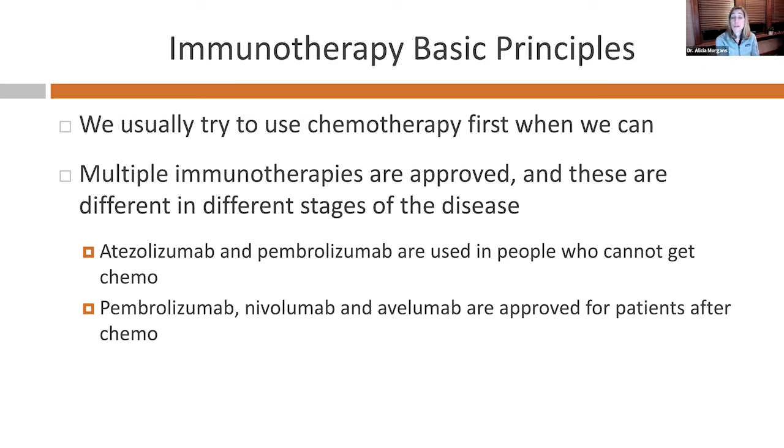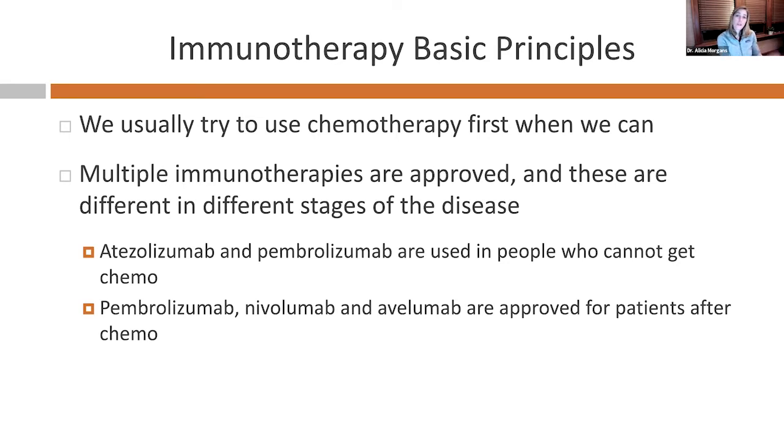And I'll show you that information in just a moment. That's probably the most important advance that we've had, or one of the most important advances that we've had in metastatic bladder cancer in the last year or so. So the immunotherapies that we have are atezolizumab and pembrolizumab. You may have heard of Tecentriq or Keytruda. These are the other names for these drugs.